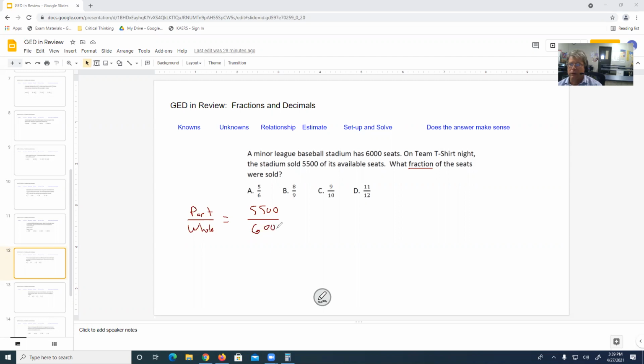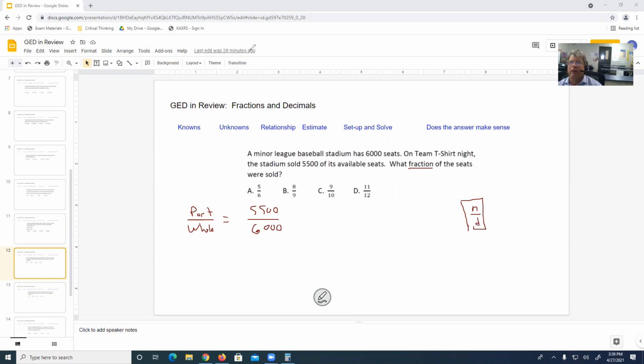So what that creates is this fraction, 5,500 out of 6,000. So this part over whole comes into play. Again, if you have the GED calculator, there's this N over D button that you can take advantage of, and the calculator can do all the work.